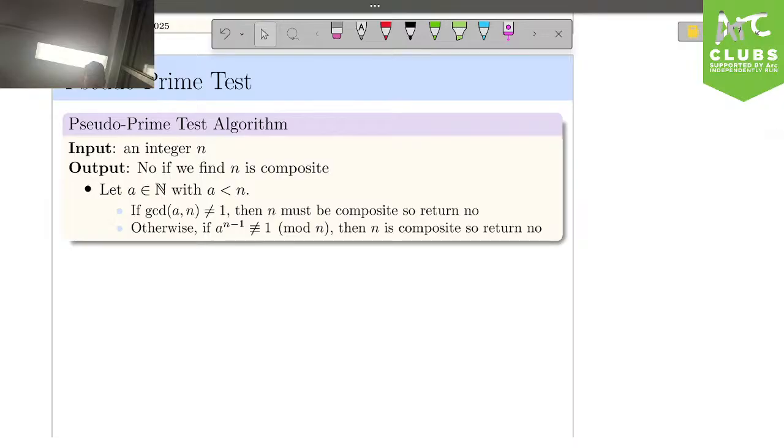How it works is, remember Fermat's little theorem, which we covered just a little bit earlier: a to the p minus 1 is equivalent to 1 mod p for p prime. What the pseudo-prime test does is, let's say you give me an integer n, and I'm going to figure out if that integer n is prime.